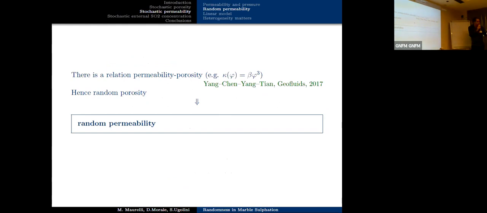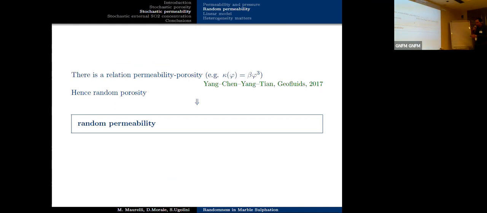I was also talking yesterday with Roberto Natalini, but the permeability describes the capability of the fluid to run into the material, but there might be some relation because, of course, the more connected the pores are, the larger the porosity is, and I would expect also the larger the permeability is.